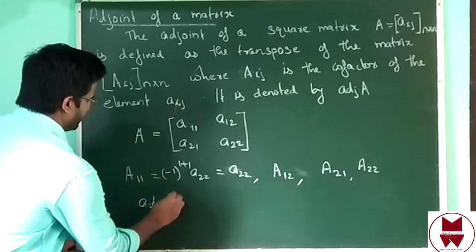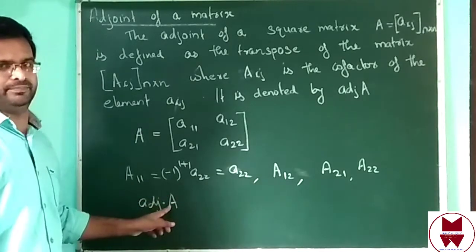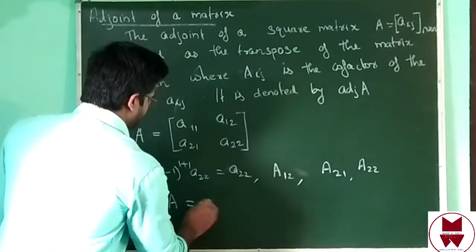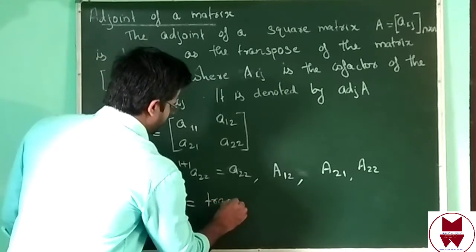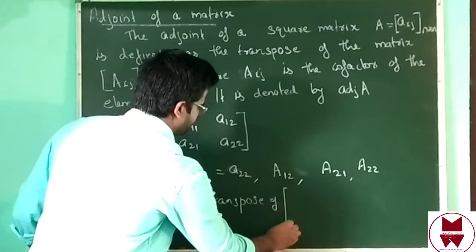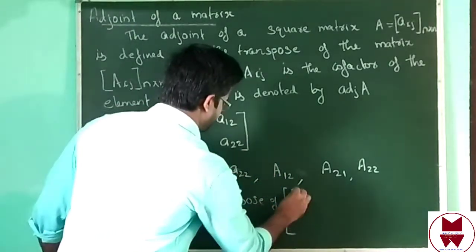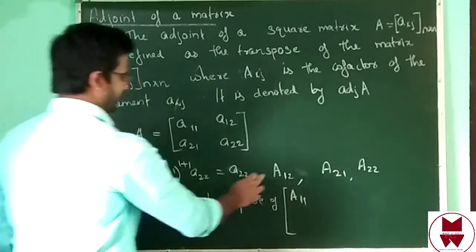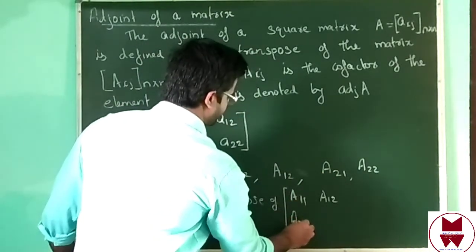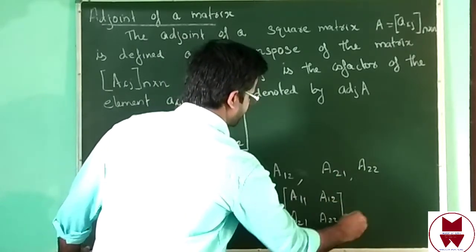Then the adjoint of A, written Adj A, equal to the transpose of this cofactor matrix: A11, A12, A21, A22.